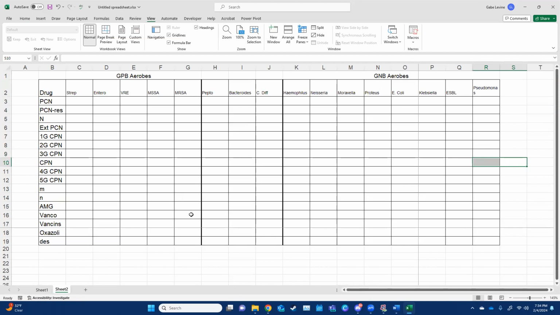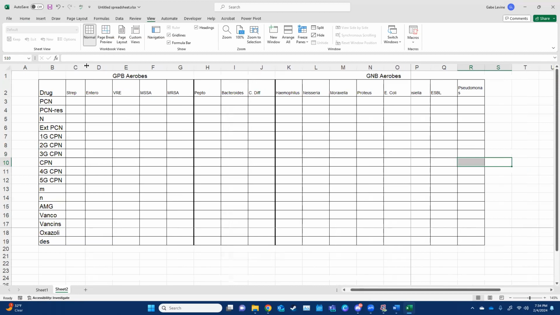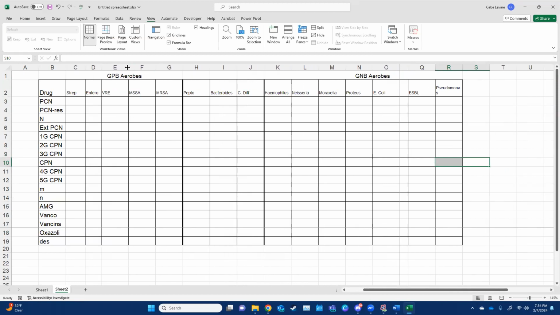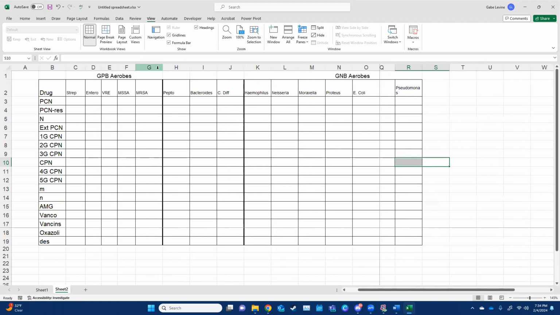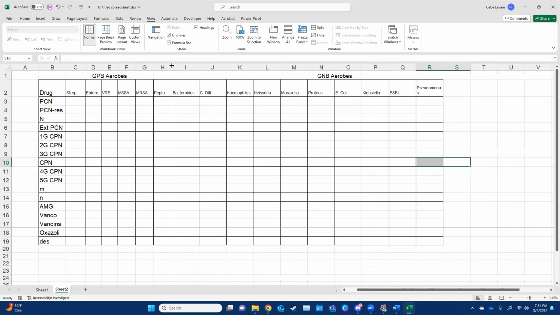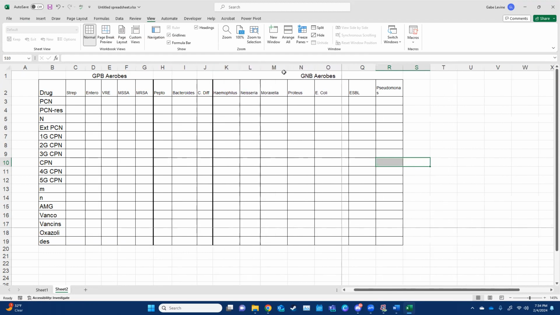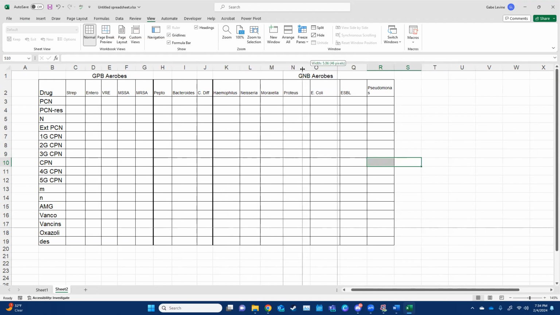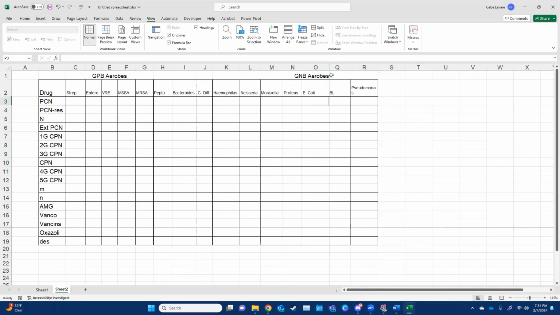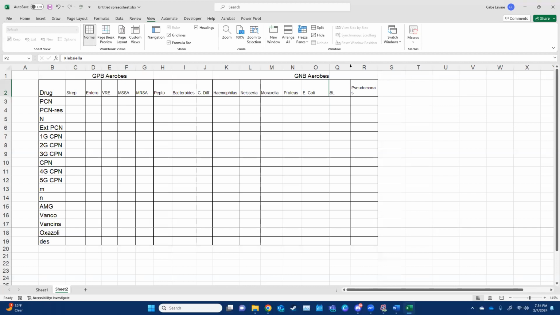I think it's actually easier to start with the cephalosporins because their trending is a little bit easier. For the most part, this is generalizing across groups. A lot of times you'll have specific bacteria that is better than others at certain things.